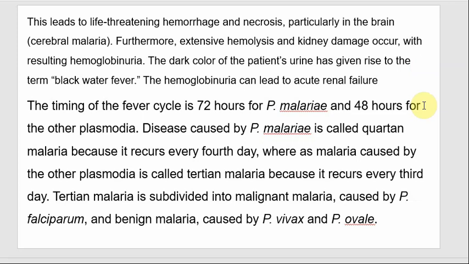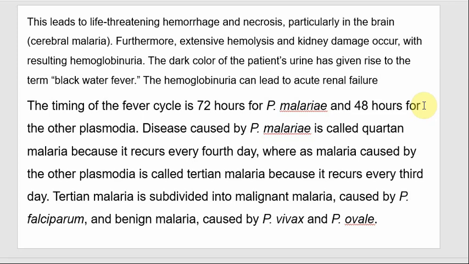The timing of the fever cycle is 72 hours for Plasmodium malariae and 48 hours for the other Plasmodium. Disease caused by Plasmodium malariae is called quartan malaria because it recurs every fourth day, whereas malaria caused by the other Plasmodia is called tertian malaria because it recurs every third day.